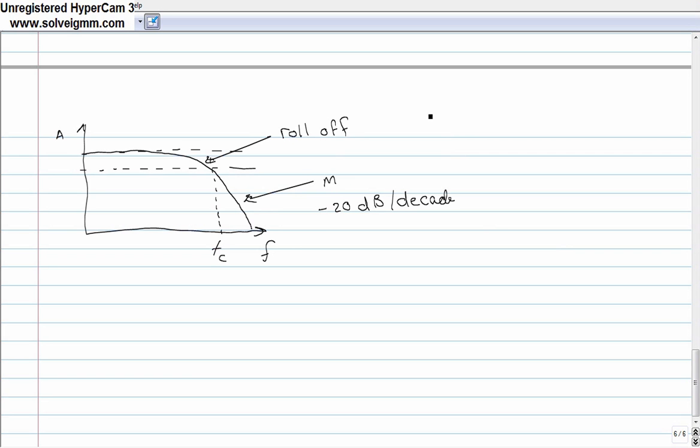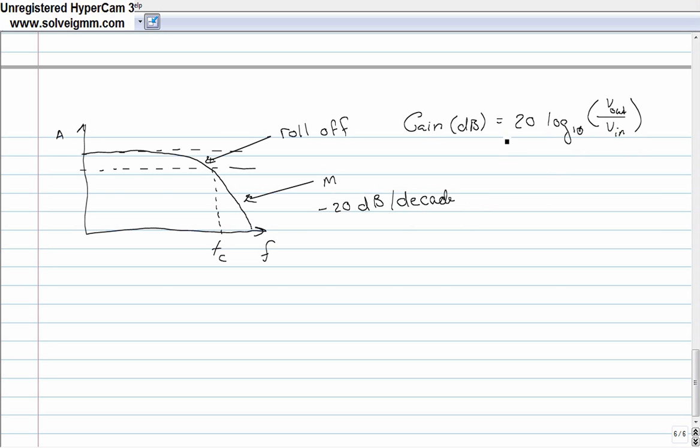I should probably give you this equation too. Gain, in terms of decibels, is equivalent to 20 log, that's base 10, of Vout over Vin.